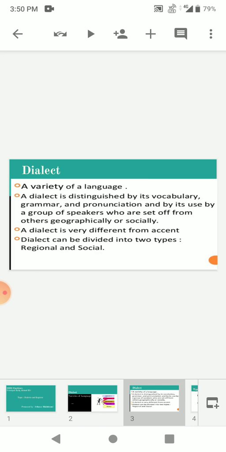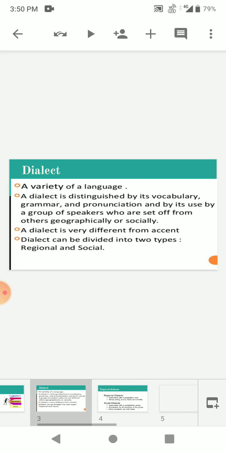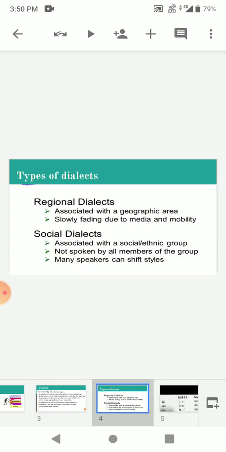So dialect can be divided into two types: regional dialects and social dialects. Regional dialects are basically confined to a particular area. Like I told you, people belonging to Handwara and people belonging to Sopore will differ on the basis of region.